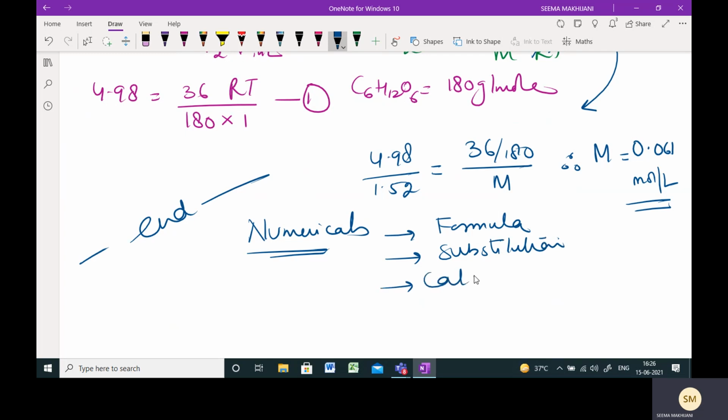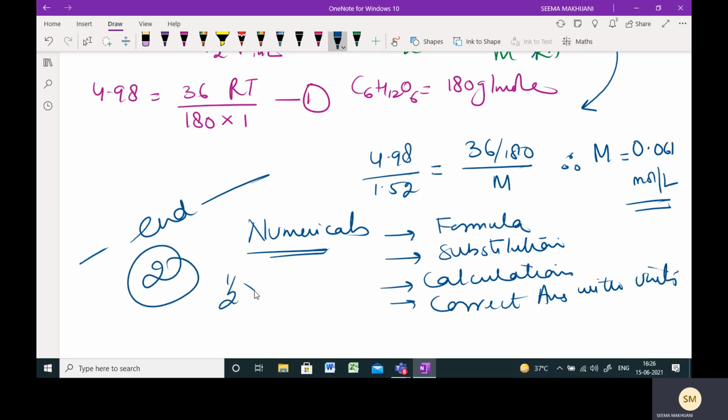Then you have calculations. Then you have the correct answer with correct units. So a 2-mark numerical also is divided into four parts. So my advice is, please never forget to write the formula. Always write the formula, substitute the values, and please check for the unit conversions.